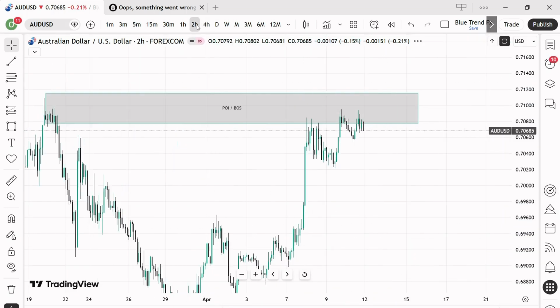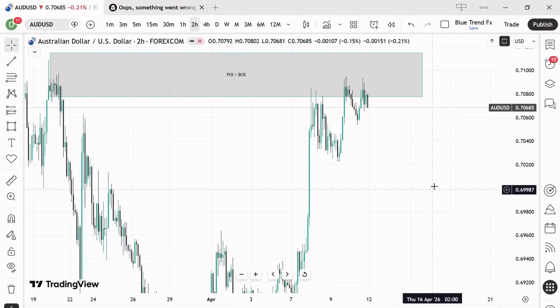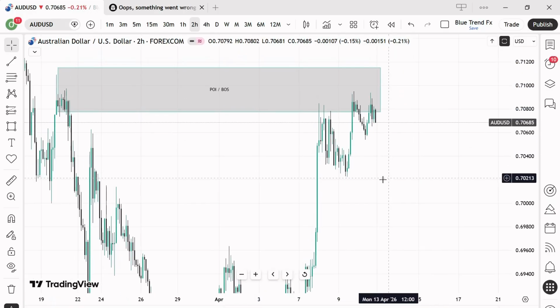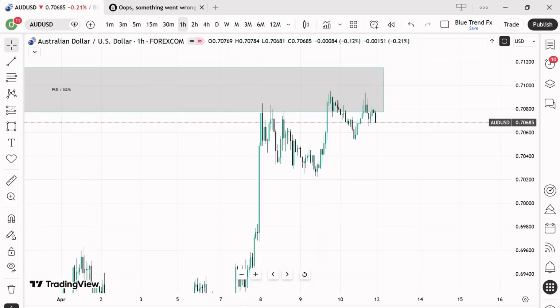So let's go to 2 hours to see what we have on 2 hours. Yeah, that is a supply zone, guys. That is a supply zone. So last break of structure happened right here.